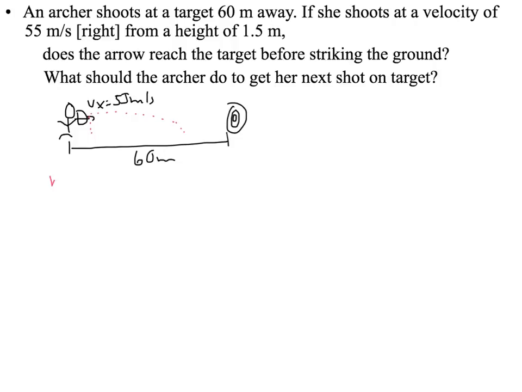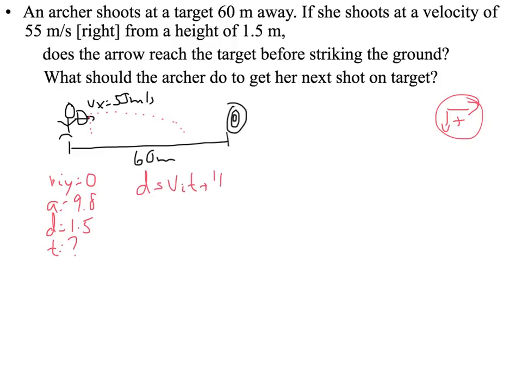So Vi,y equals 0. We're going to set right and down as positive. So we know a is 9.8. Distance, that's the height that it shot from, is 1.5 meters. And time is our question. So we're going to use our equation d equals Vi t plus 1/2 a t squared.